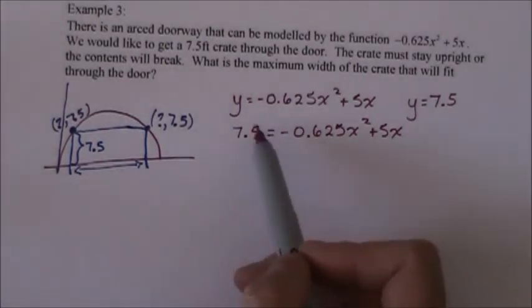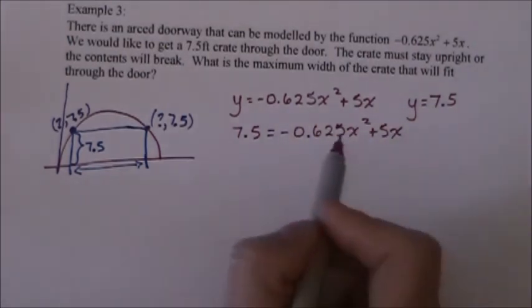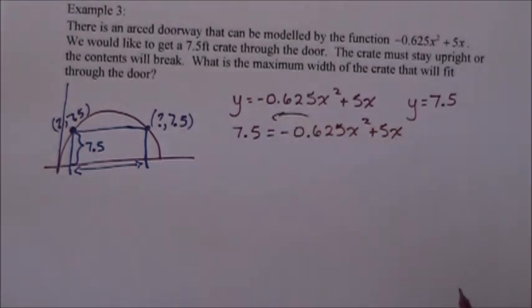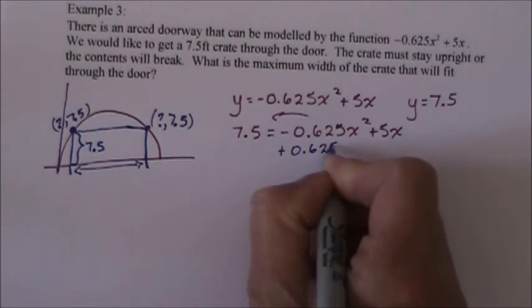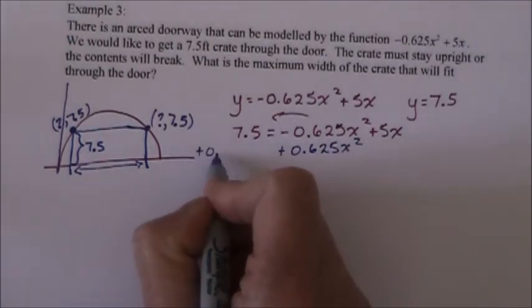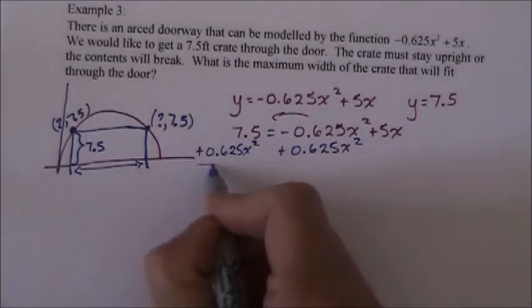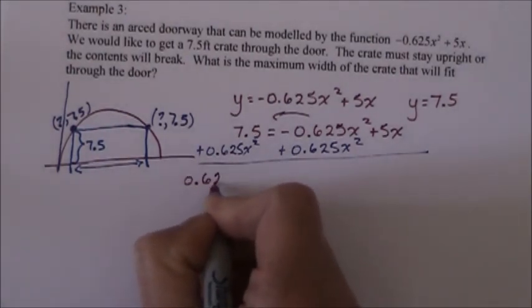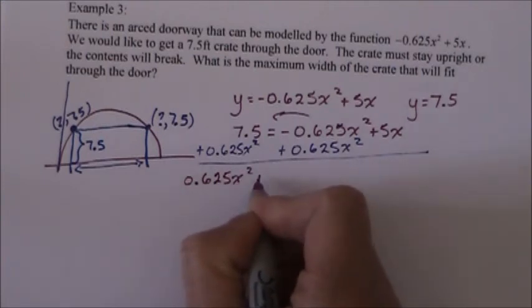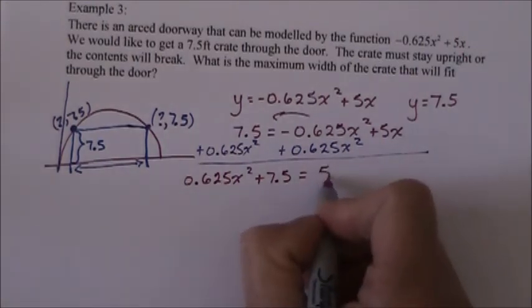So the decision is do we move this or do we move these guys? This is a negative x squared. Everything we have factored has been positive, so we're going to move these guys that way. Recall we do that by doing the opposite. So this was a negative, we're going to add 0.625x squared to both sides, which gets us 0.625x squared plus 7.5 equaling 5x.